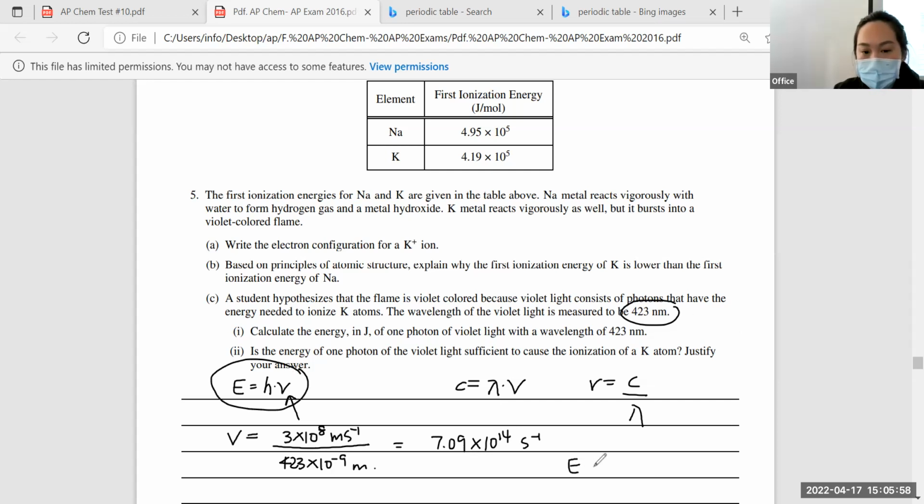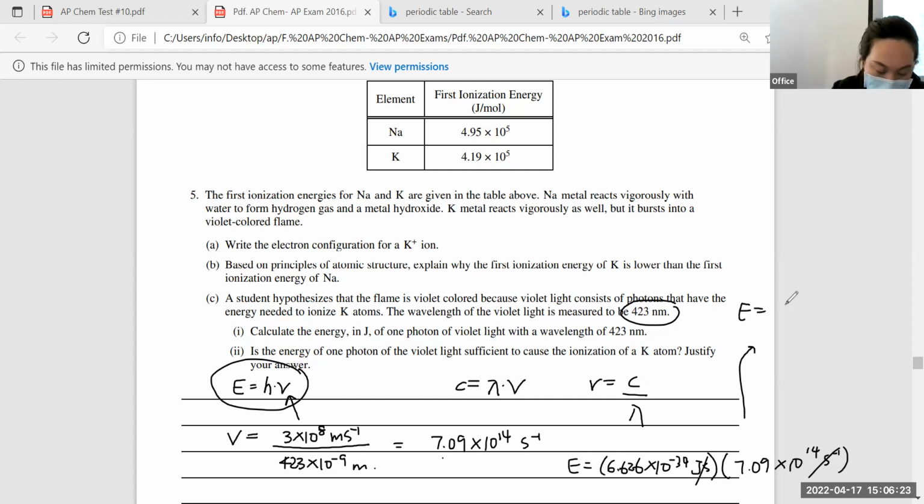Where energy equals Planck's constant, which is 6.626 times 10 to the negative 34 joule seconds, and then frequency, which is 7.09 times 10 to the 14. Seconds cancel out and I'm left with joules. And I get energy equals 4.7 times 10 to the negative 19 joules.